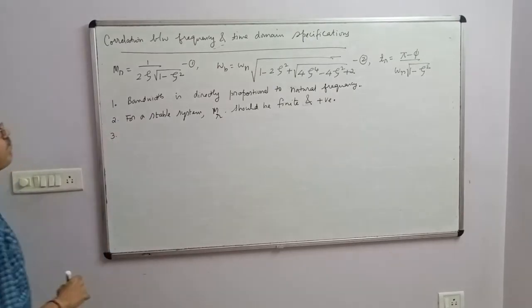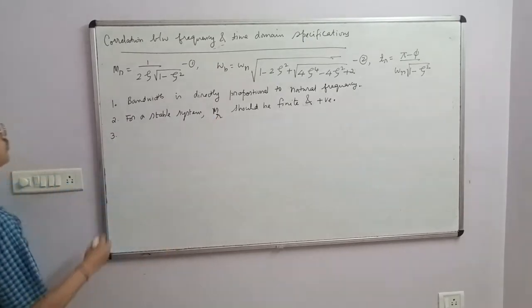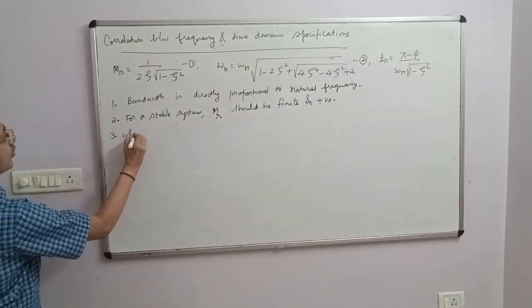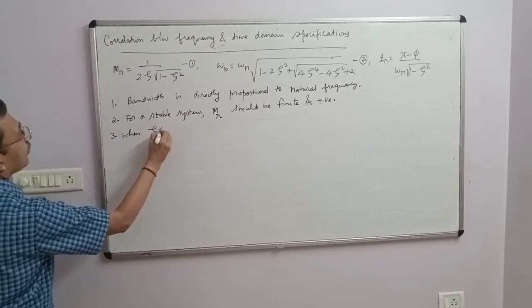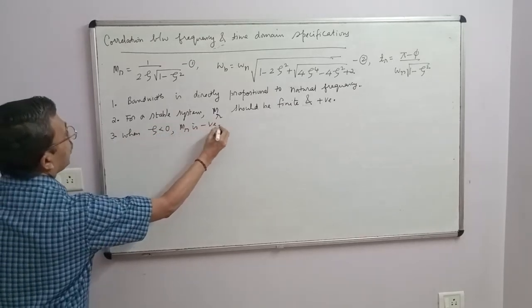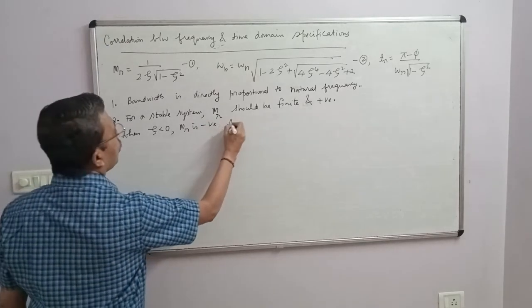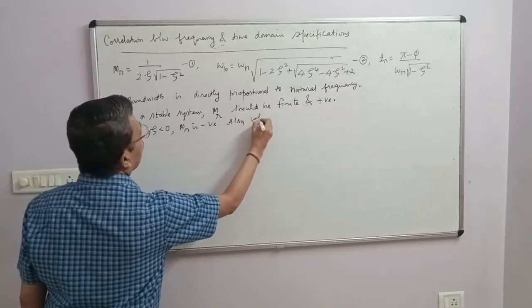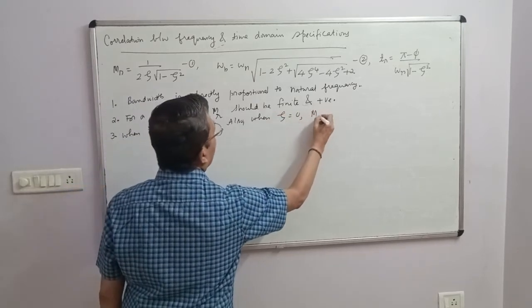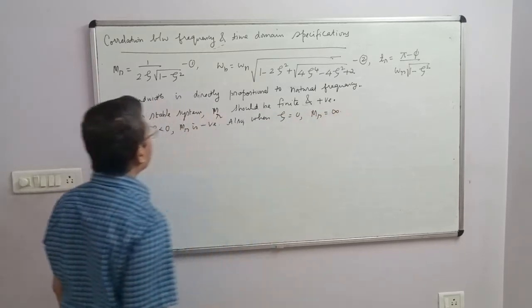Third one, when zeta is less than 0, MR is negative. Also, when zeta equals 0, MR is equal to infinity.